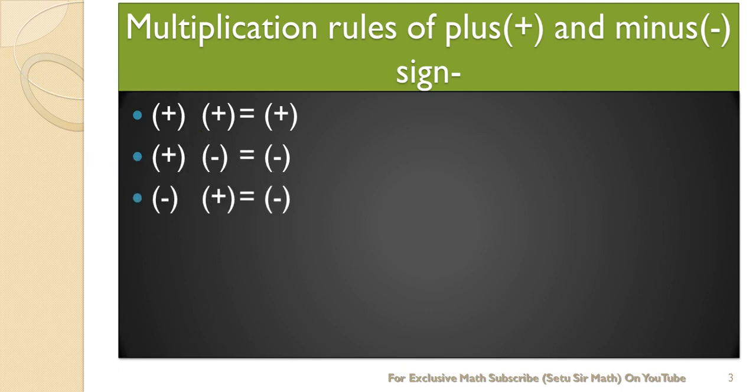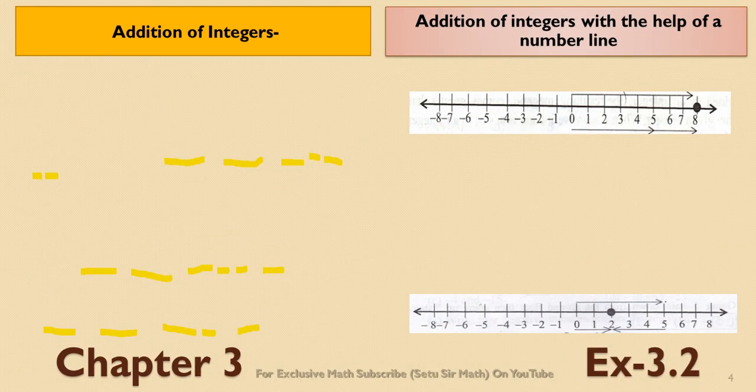If we multiply minus with plus, the result will again be minus. And if we multiply minus and minus, the result will be plus. So my dear students, we will start from addition of integers.